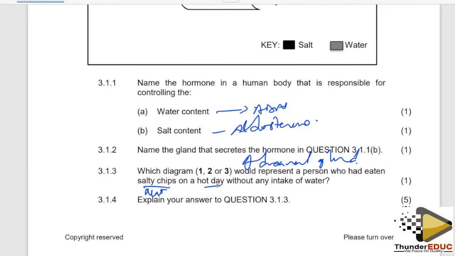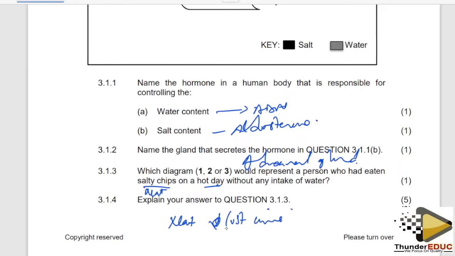Hot, meaning that the person is sweating too much. It means that you have less water. If I have too much salt, I expect to lose much of it in the urine.